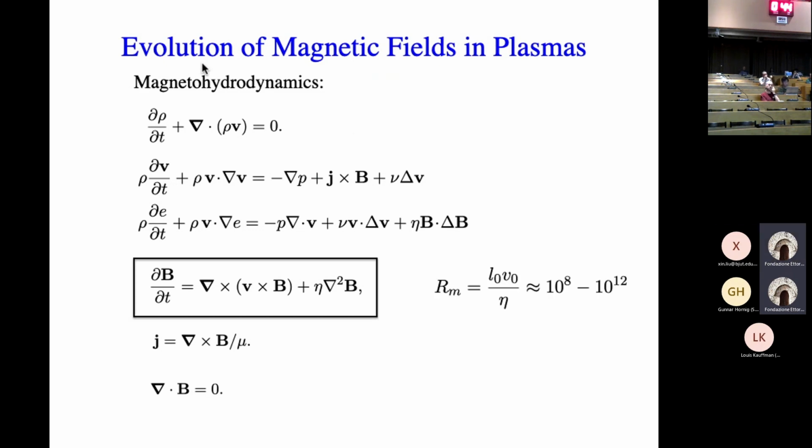The second term is comparatively small compared with the first term on the right-hand side of that equation. And that ratio is measured by the magnetic Reynolds number, which is quite high. So the first term on average is in general many orders of magnitude bigger than the dissipative term.